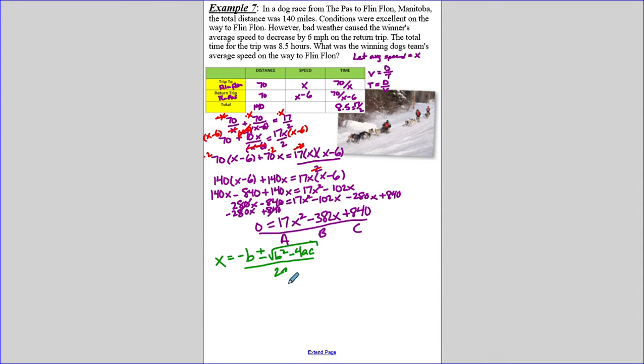over 2a. Or x is equal to negative times a negative 382 plus or minus b squared, which is negative 382 all squared, minus 4 times a times 17, minus c, which is 840, all over top of 2 times 17.